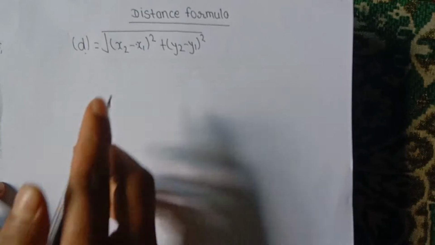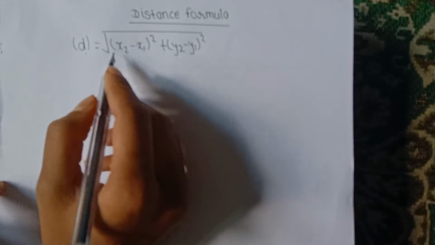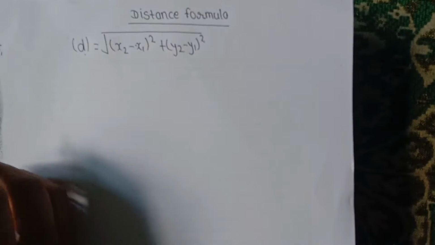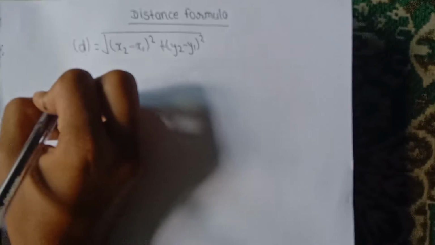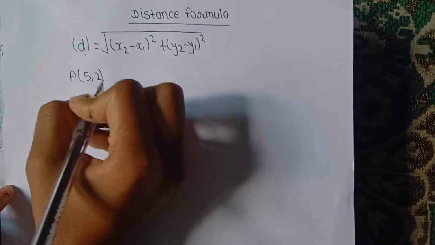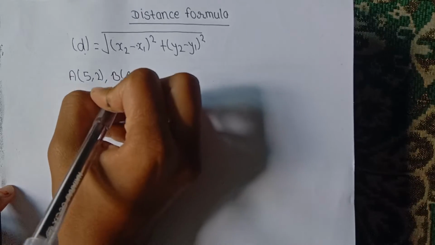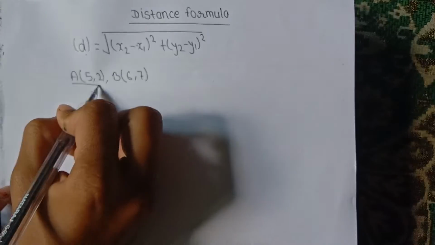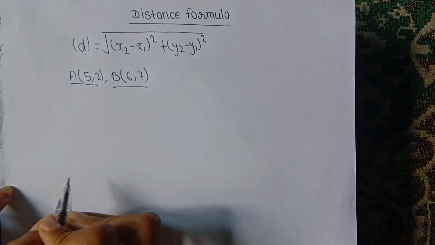So, for example, how can you know which is x2 and which is x1? Let me give you an example here. Here A equals 5 comma 2, B equals 6 comma 7.